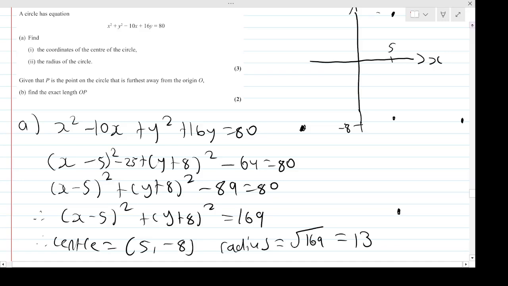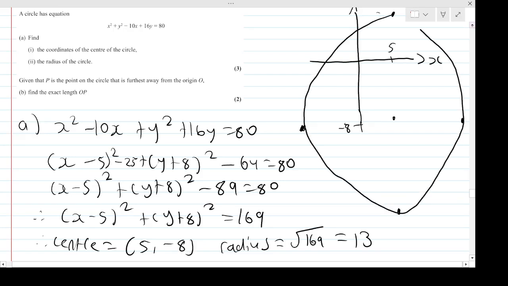So if we form a circle that passes through these 4 edge points, we have a circle that looks a bit like this. It's a massive circle, and an awful circle as well. Let me try that a bit better. There we are, although you might want to lower the size if you were to draw it.